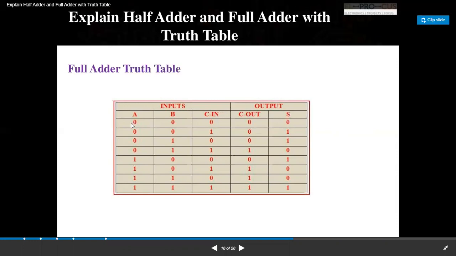If the three bits are 0, 0, 0, the carry is 0 and the sum is also 0. If the three bits are 0, 0, 1, the carry out is 0 but the sum is 1. If any two bits are 1, the carry bit is 1. So for 1, 1, the carry is also 1, but for 0, 1, 1 the sum is equal to 0. So these are the outputs.